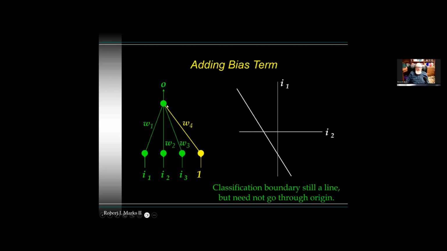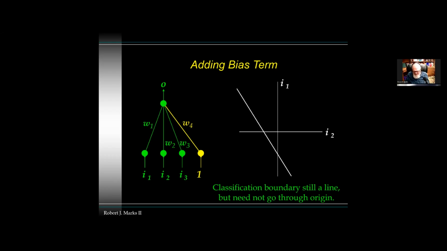And it has a new connection. Well, it turns out that if we put the bias there, this is actually the offset in the line. This is the offset. And it allows us to take this line that goes through the origin and move it. Now, it turns out that the difference between the two classifications is still a line, but at least we got it off of the origin, which is really good.